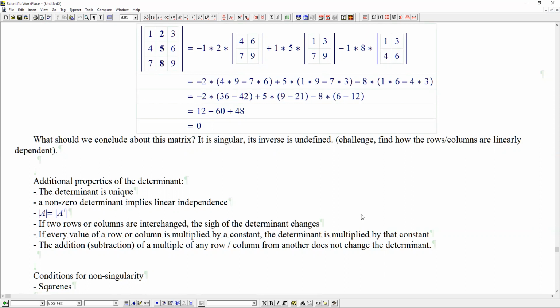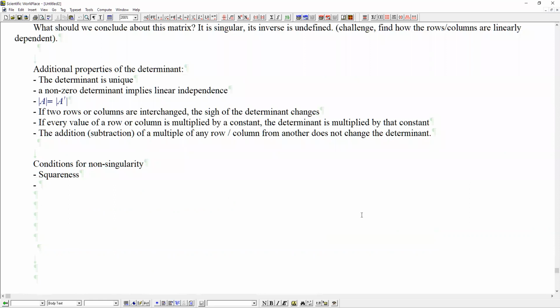I'm kind of restating the same thing, just in a more structured way, and linear independence of rows or columns. Then, no, I'm not going to write other things.